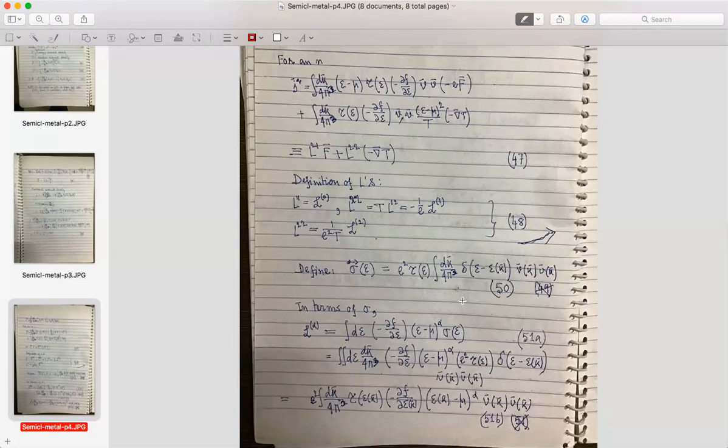But then we are not writing that delta function as epsilon minus epsilon F here really. We're just writing epsilon minus epsilon k, but keeping in mind that this quantity, sigma of epsilon, the DC conductivity, is essentially the same as its value when epsilon is equal to the Fermi energy.